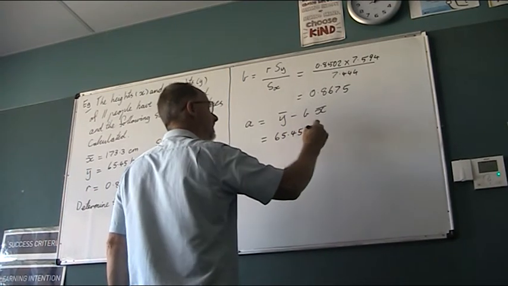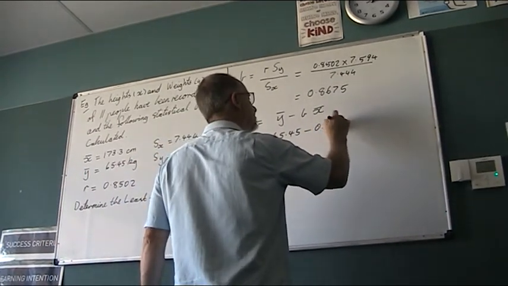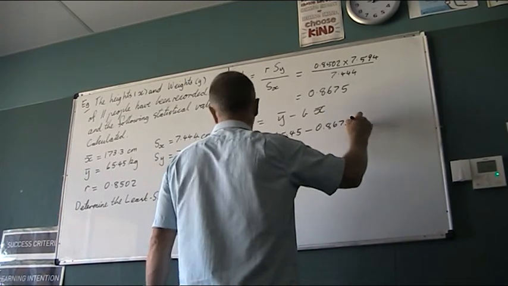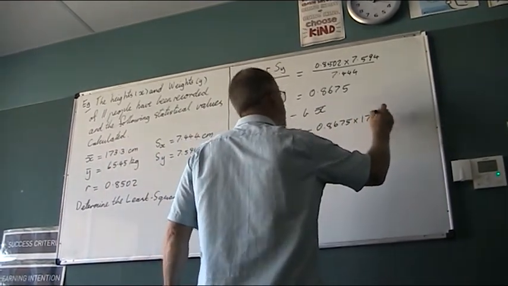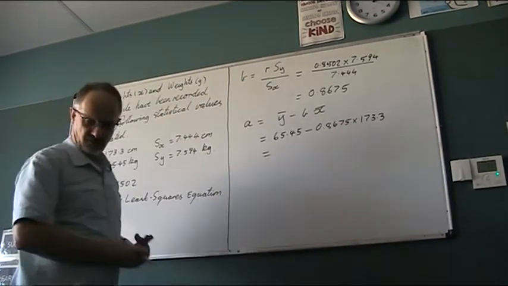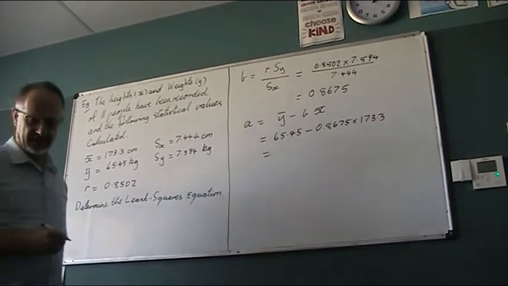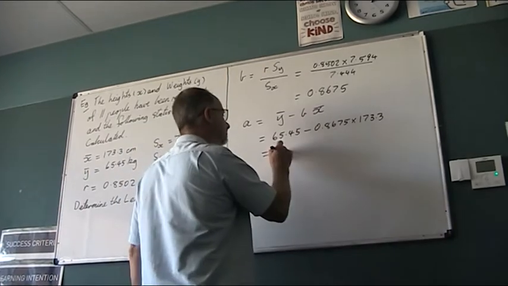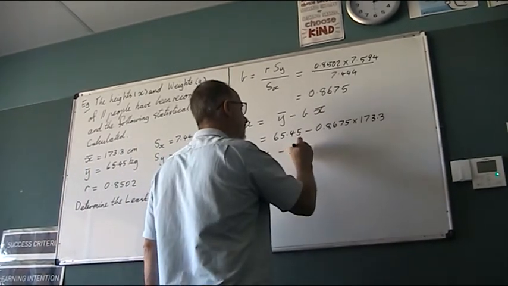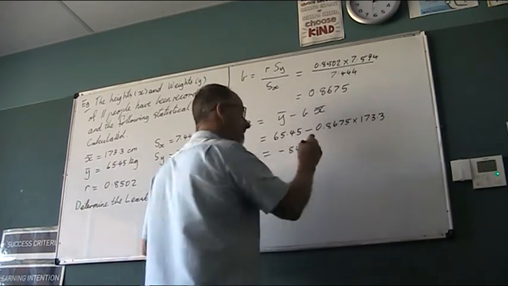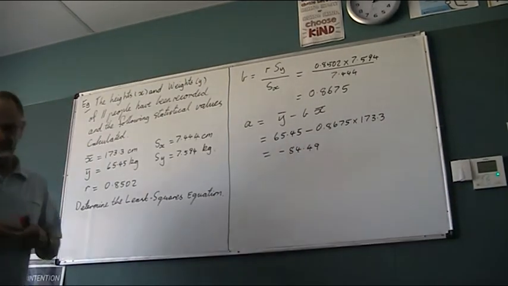And from that we're taking away 0.8675 lots of the mean of x, which is 173.3. And when you do that in your calculator, you get a negative answer. Negative 84.49. Again, 4 figures.